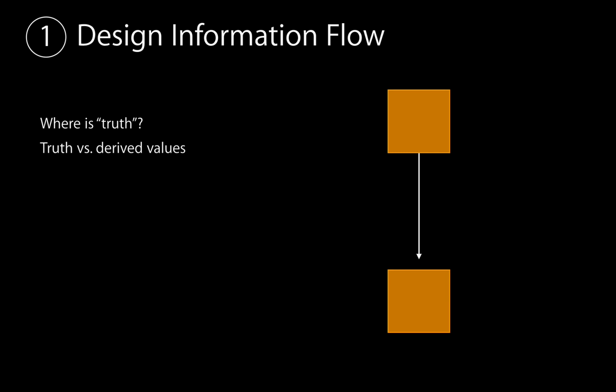Remember that values derived from truth are in many ways like a cache and need to be treated as such. And finally, remember that when new truth is created, that relationship is asymmetrical by necessity in order to avoid some kind of infinite loop. One direction, facts flow, and in the other direction, suggested new values flow, which may need to be merged or validated in some way. And by thinking systematically about the information flow in your application, you can really get a handle on complexity.